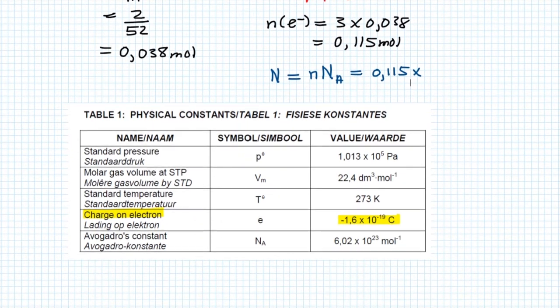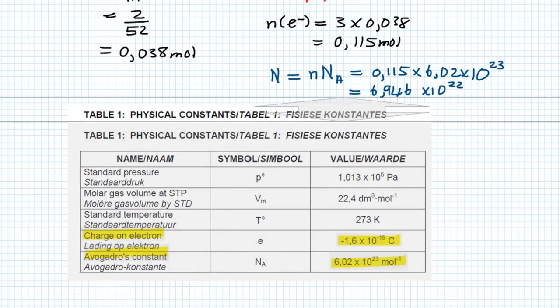Remember, on your table of physical constants, this is table number 1, you're going to find Avogadro's number right at the bottom, and it is given as 6.02 times 10 to the power of 23. In the end, the number of electrons is going to equal 6.946 times 10 to the power of 22 electrons.